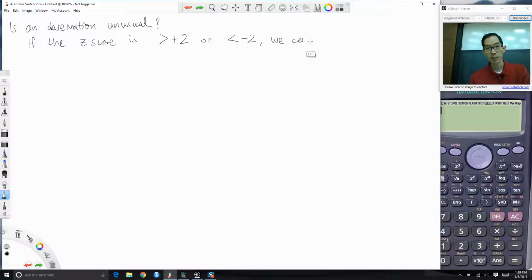Or we might say it is unusual. Because about what percentage of the data has z-scores more than 2 or less than negative 2? About 5%, right? So if you're in the 5%, we might say this is unusual, okay?